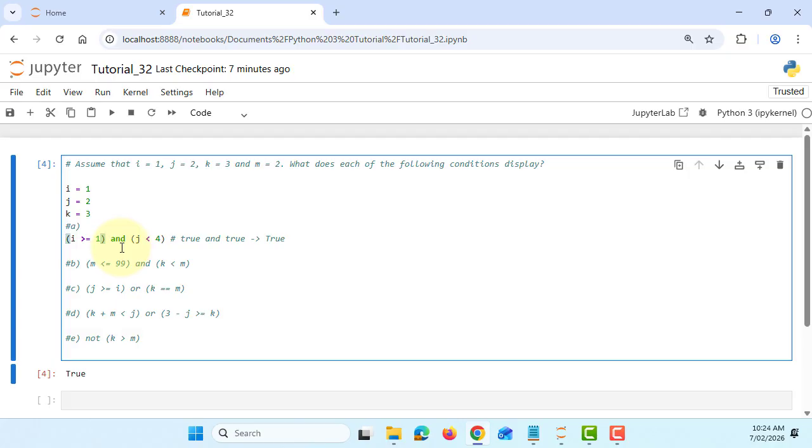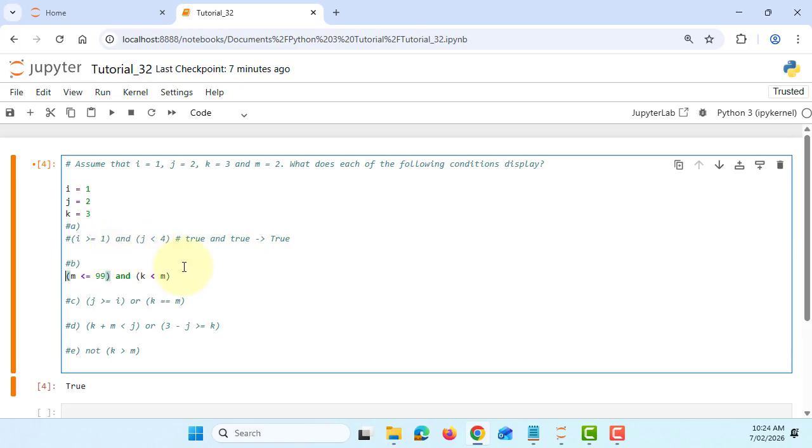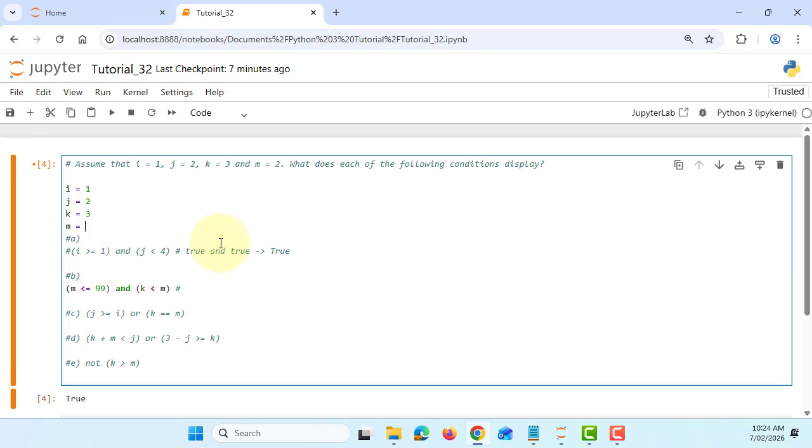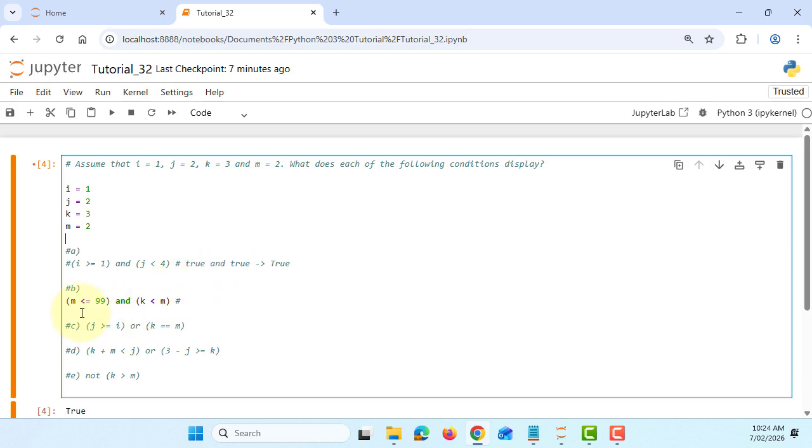Let me make comments. So let's look at the B, okay? The first one, we are looking at, forgot to add m. So here m is 2, okay? 2 less than or equal to 99.